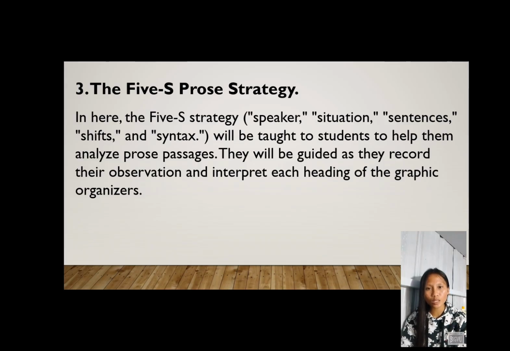The 5S stands for speaker, situation, sentences, shifts, and syntax. Students use these categories to examine the text more closely. It's like having a toolbox with specific tools to take apart and understand how the prose works.